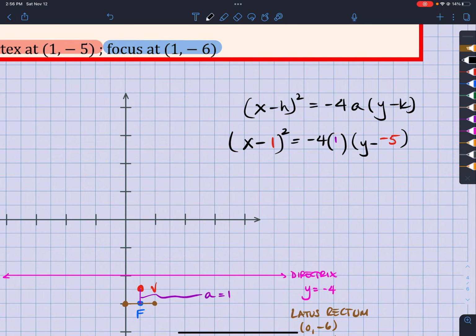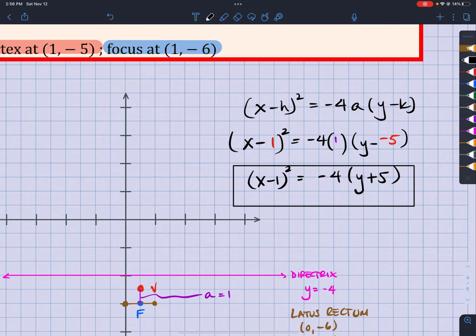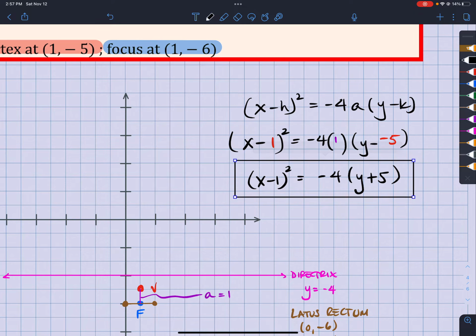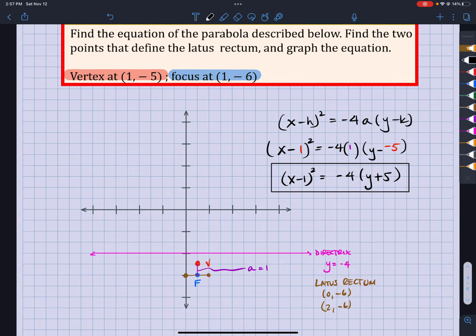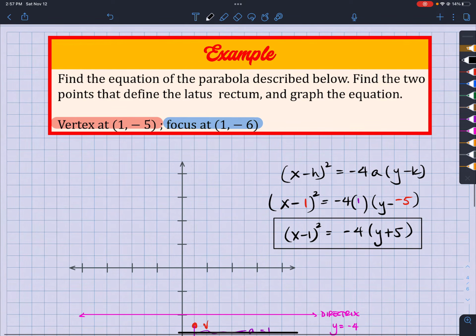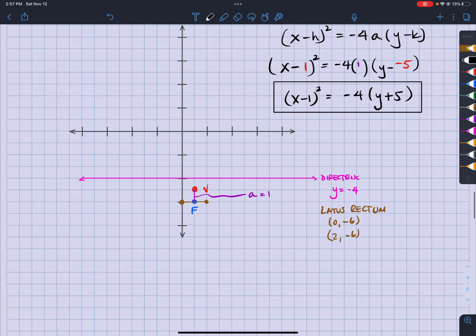So I have x minus 1 squared is equal to -4 times y plus 5. And there's my equation right there. Define latus rectum. Awesome. So my latus rectum is right here.